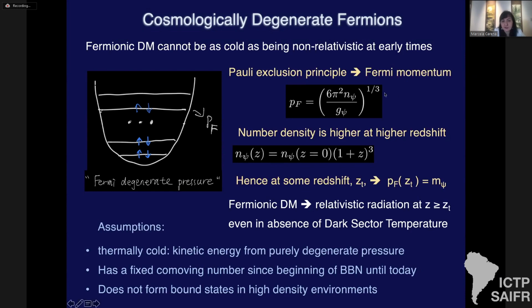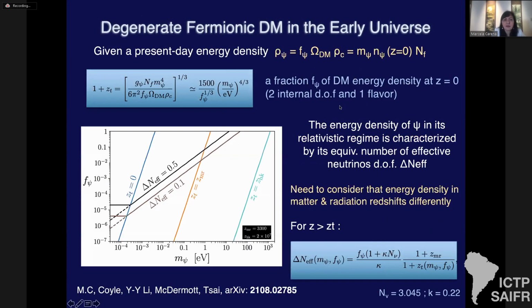So using these two equations, and given that we know the present day energy density related to the number density today, where I put some number of flavors which one can set to 1 or not, and that will just rescale the results, we can define the redshift at which dark matter passes from being relativistic to non-relativistic. Of course, you can already guess this is very important because when we think about contributions to delta N effective, it will play the crucial role.